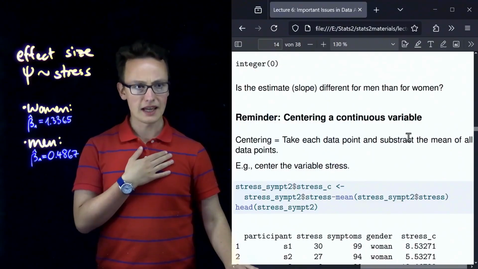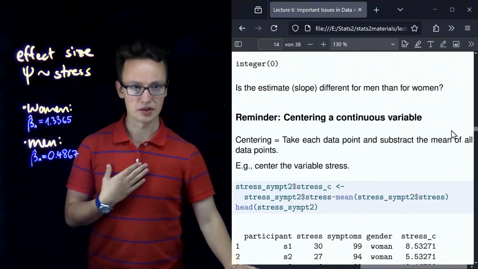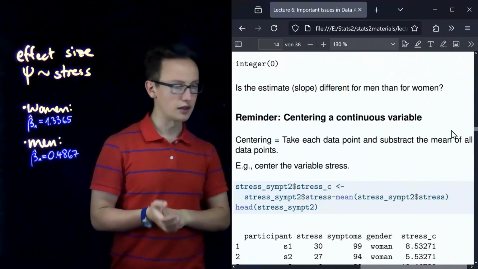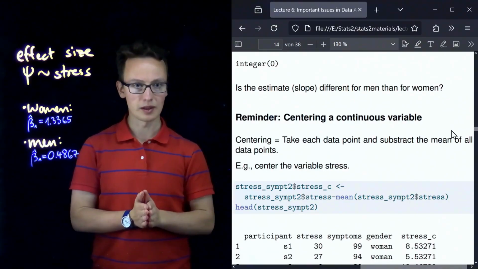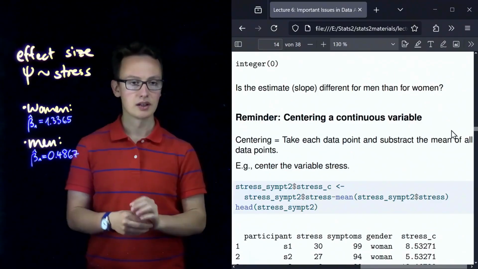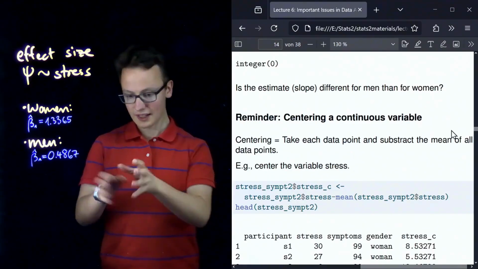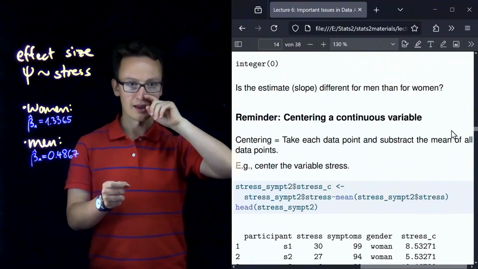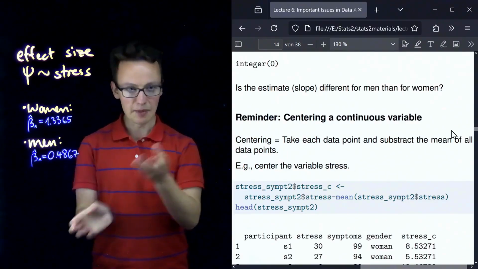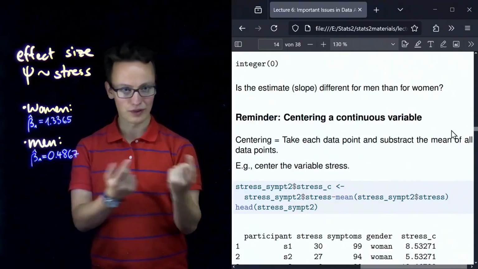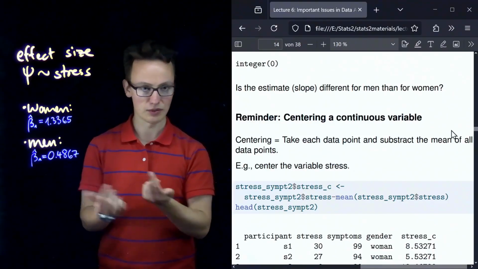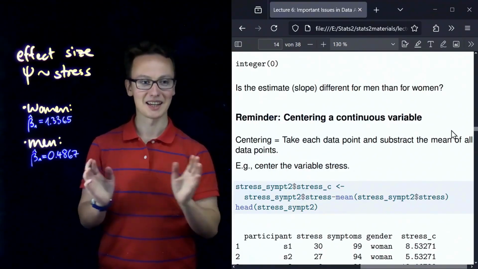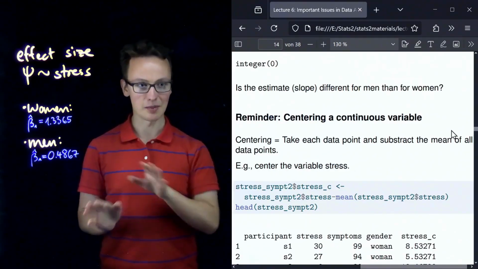As a reminder of how to center a continuous variable, such as the stress level scores, you would take the sample mean of that variable, and then take every individual data point, the stress level value, minus the sample mean of stress level. That way you still keep the information of what the differences between stress levels are between different data points, but you standardize them in such a way that the sample mean will exactly be 0.